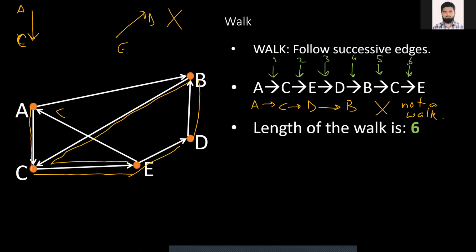So the length of the walk is 6, because in this walk there are 6 edges involved. It's not 7. It's not the number of vertices that you cross, it's just the number of edges that you have been through.